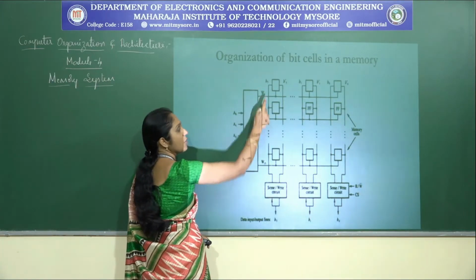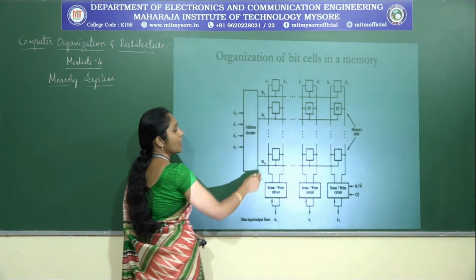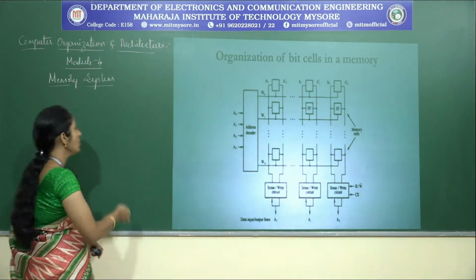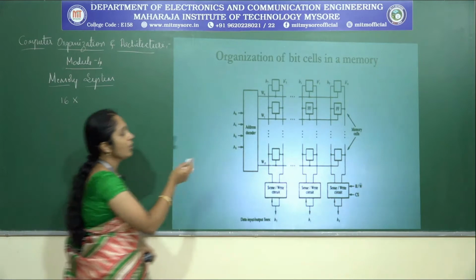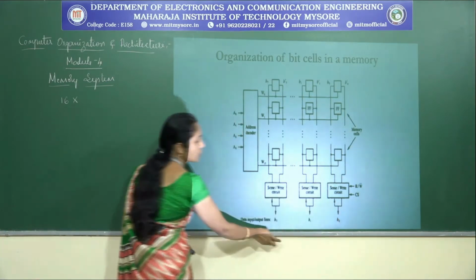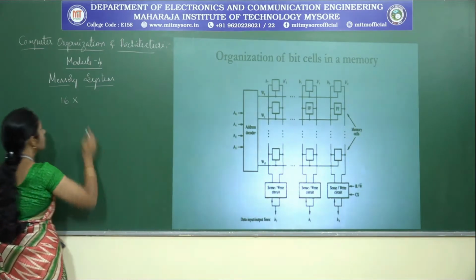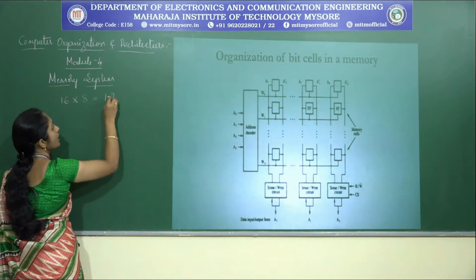So this is W0, W1, up to W15. We are assuming that this memory consists of 16 words, and each row has 8 bits, B0, B1, up to B7. So 16 into 8 is 128 bits.